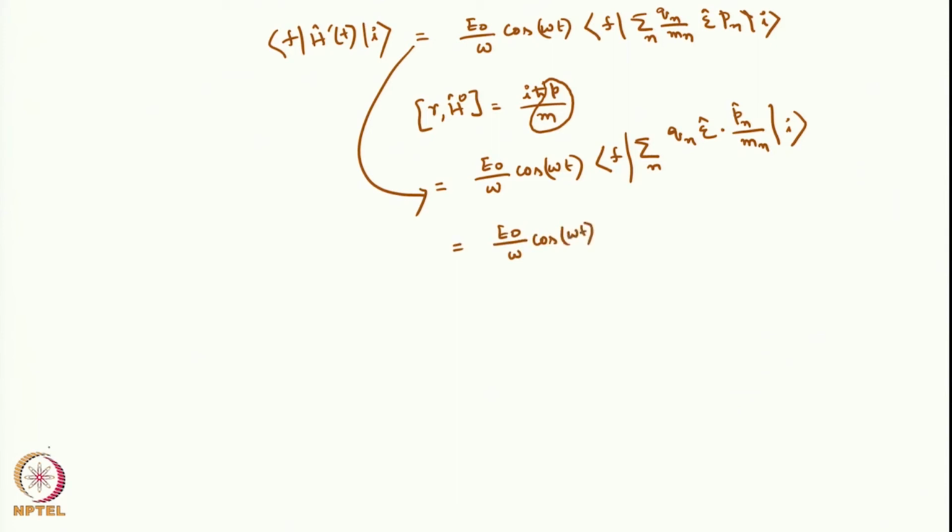So, the i h go on the other side, that i will become minus i and h, so you have h bar minus i, that is what you get. Sum over n of q n, the commutator R n, H naught.